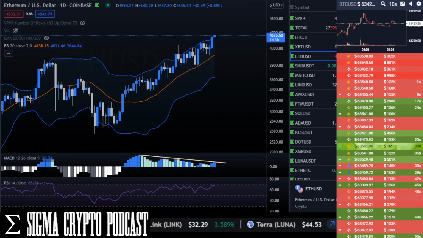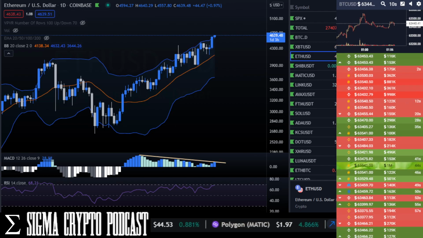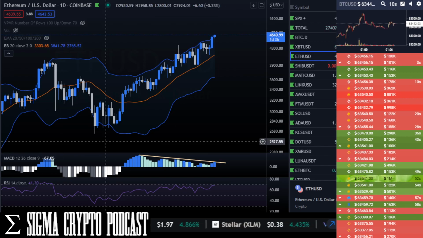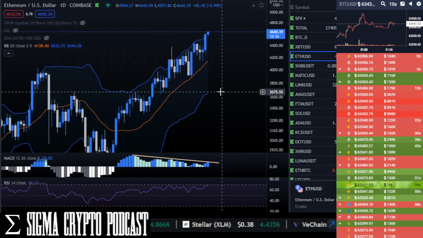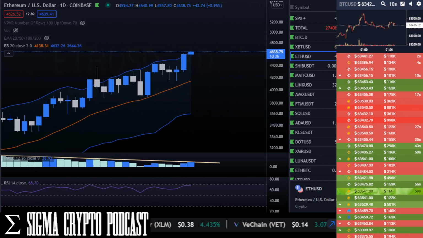Maybe that might cause a bit of a sell-off on Ethereum. I'm not saying it's going to happen, I'm just saying that it can happen. You might see one bearish candle and suddenly, boom, Ethereum might become very bearish. I personally think Ethereum is very strong right now, but if something like that happened, don't be surprised.